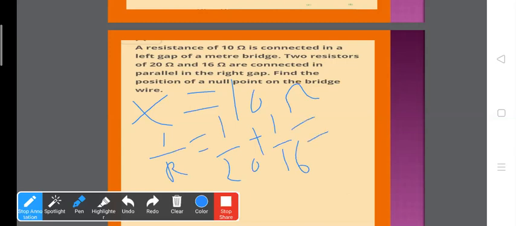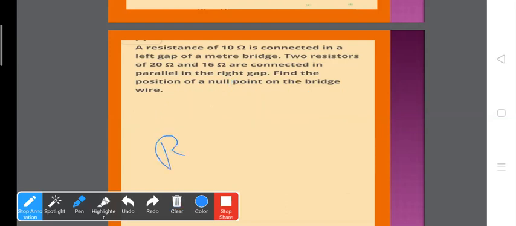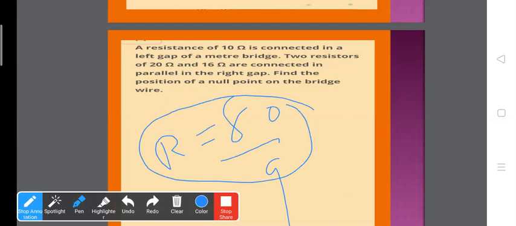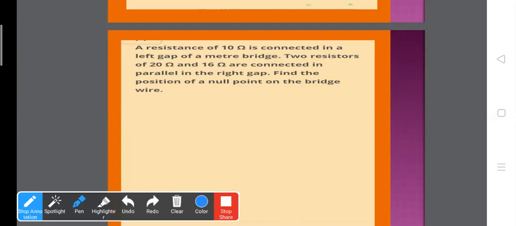On solving, it will be 9 upon 80, or R equal to 80 upon 9. Clear? So R equal to 80 upon 9 is the right gap resistance and 10 ohm is the left gap resistance. Clear? Now you have to find the null point of the bridge.